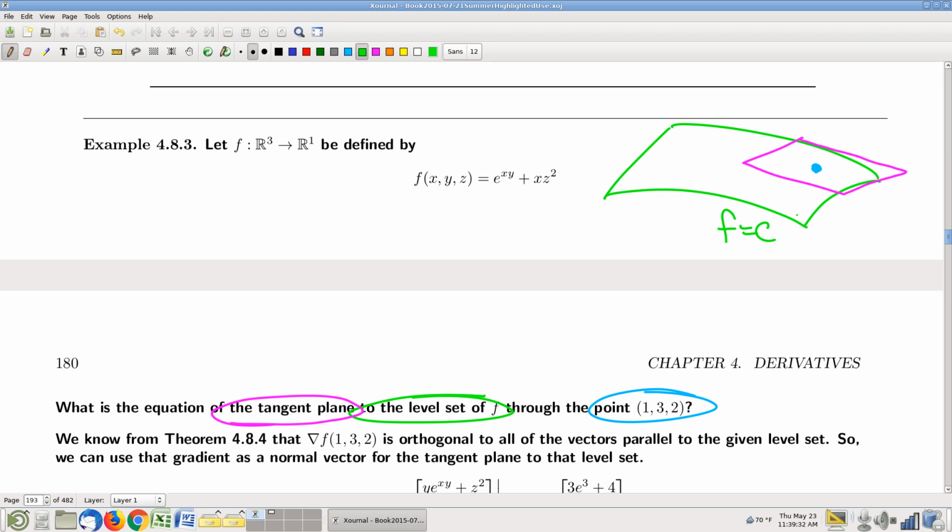I need to find some vector that I can call n, perpendicular to that plane. Good news, the gradient of f. That theorem that we just talked about, the calculus of level sets: the gradient of a function is always perpendicular to level sets of that function.